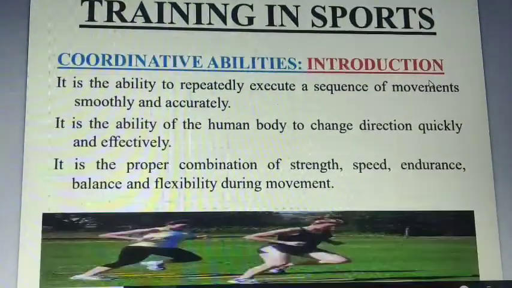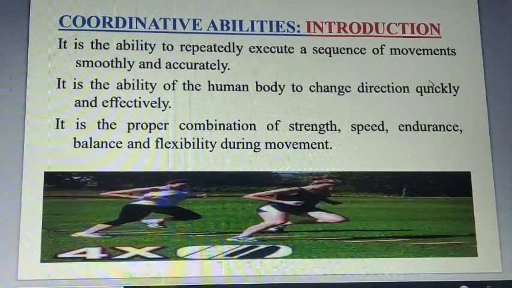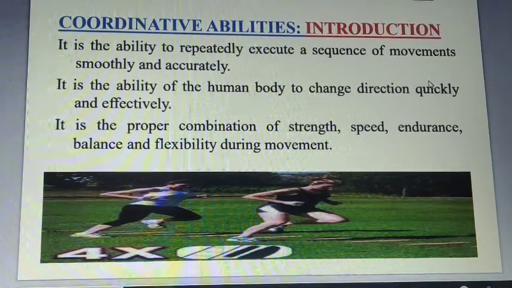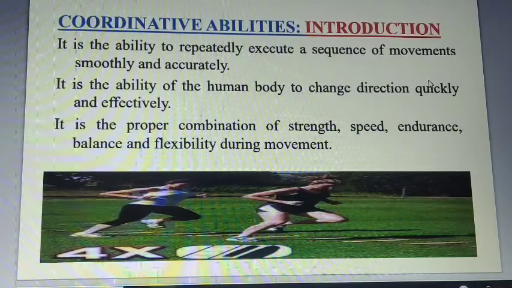Got it? Next, we have different definitions of coordinative ability, and I hope you will understand the concept from the definitions that I'm going to provide. It is the ability to repeatedly execute a sequence of movements smoothly and accurately. Or, to take one more example, it is the ability of the human body to change direction as quickly as possible with effective movement.